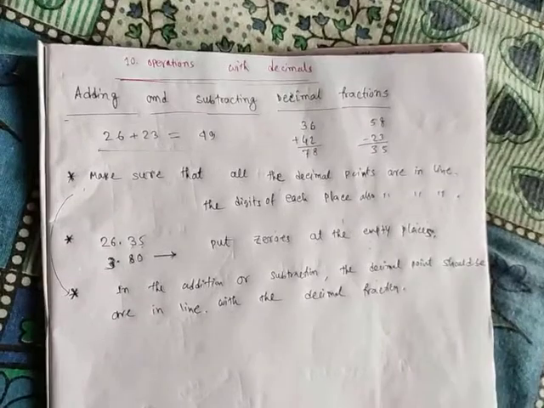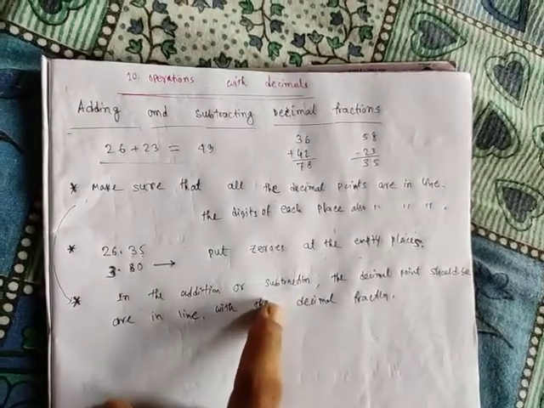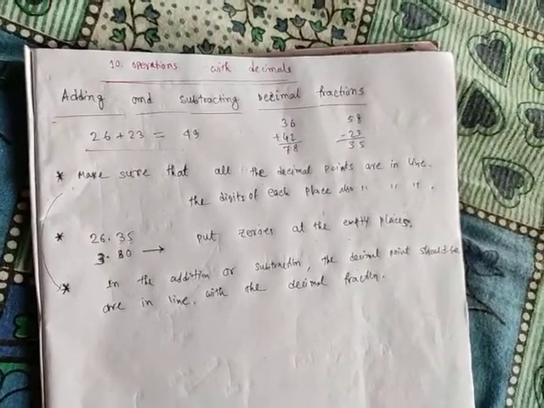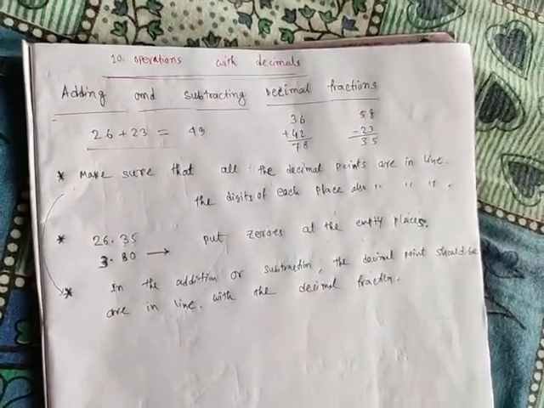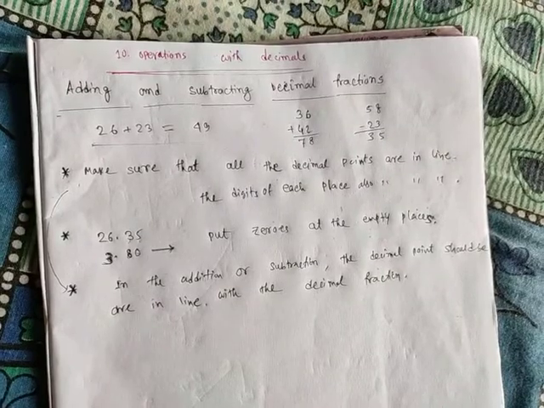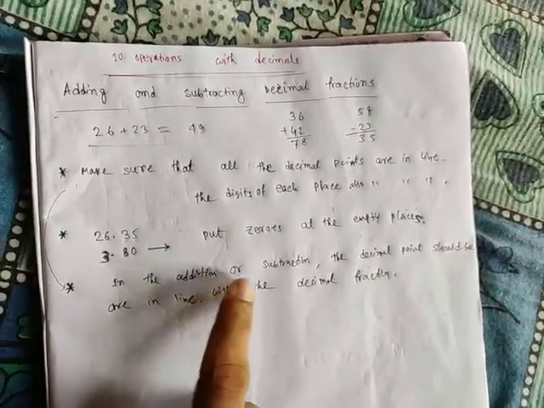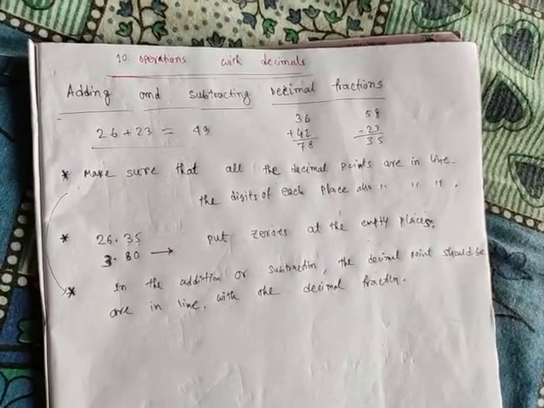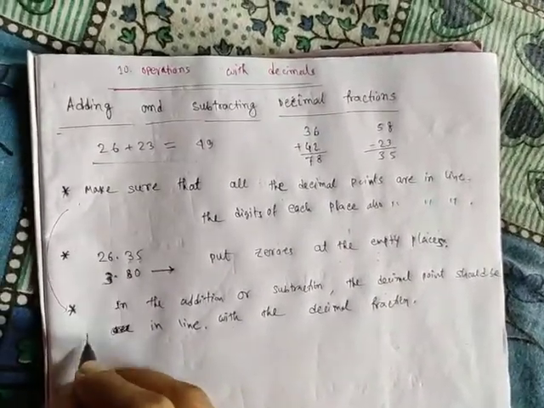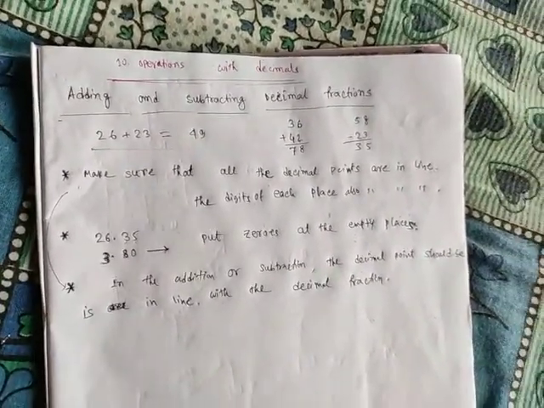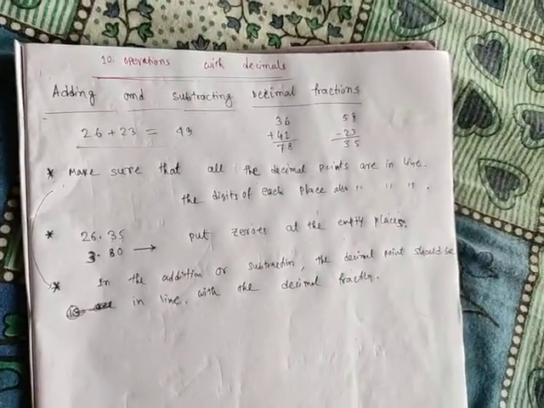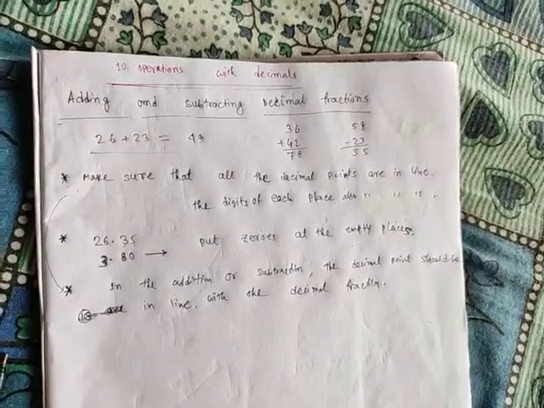And third, in the addition or subtraction, I mean in the result, after doing the addition and subtraction, the result which we get, the decimal point should be in line with the decimal fractions.